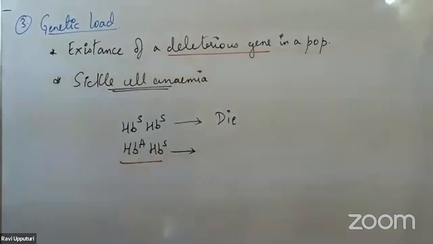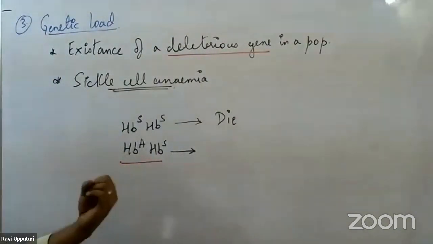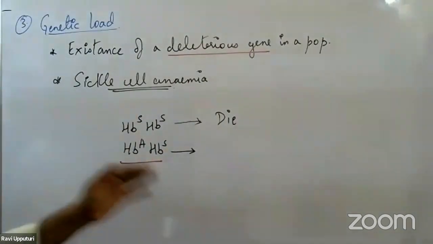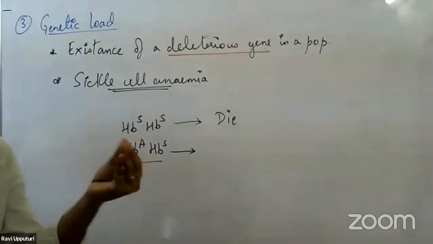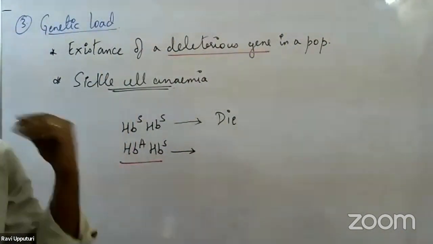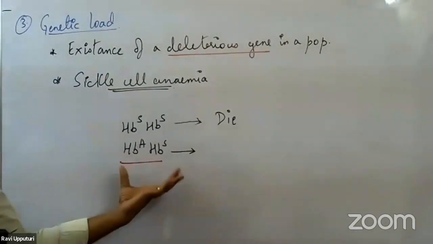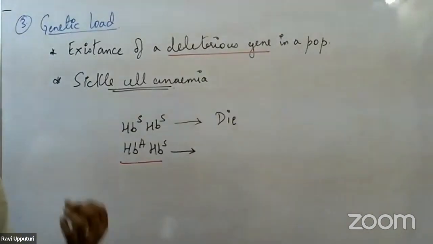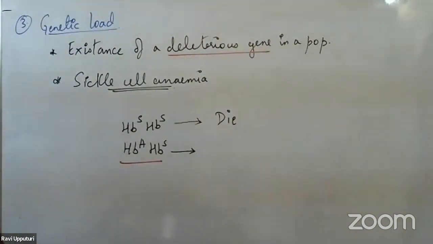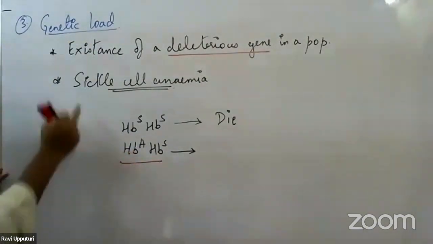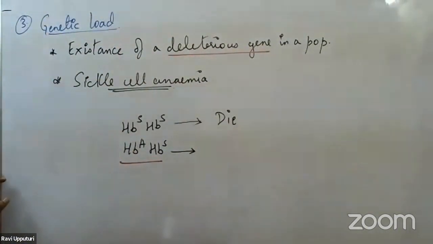Individuals possessing this gene usually live reasonably healthy, provided they have enough oxygen. That's what we saw when we discussed the topic of genetics. Whenever such individuals start facing low oxygen tension, at that point this allele also would be mutated, again leading to sickle cell anemia, and they usually die.